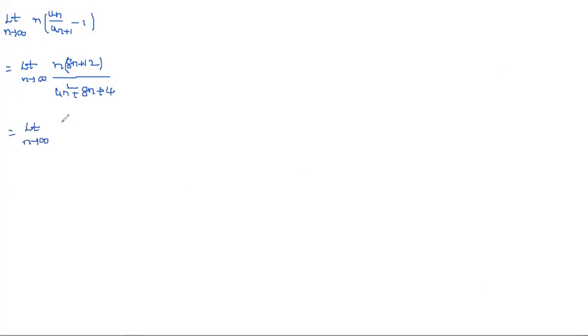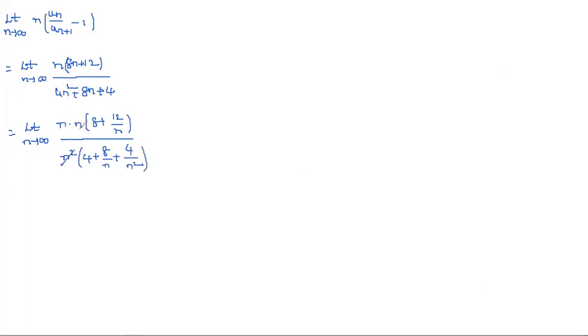So take n as common in the numerator: 8 plus 12 by n. And in the denominator, if you take n square as common, 4 plus 8 by n plus 4 by n square.